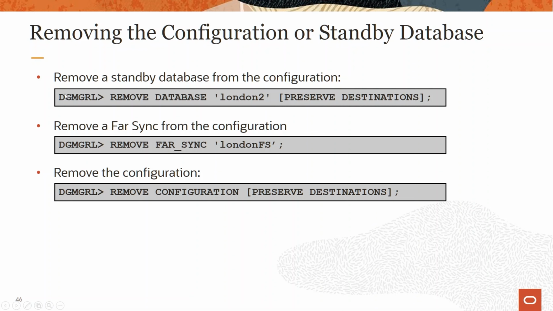So you can remove the database configuration completely, but you can only keep the configuration. And also, you can remove a file sync, including everything, including configuration information and London file sync as well. And same thing here, you can remove the configuration without deleting the configuration file. Or you can remove everything, including the configuration, in the configuration file.